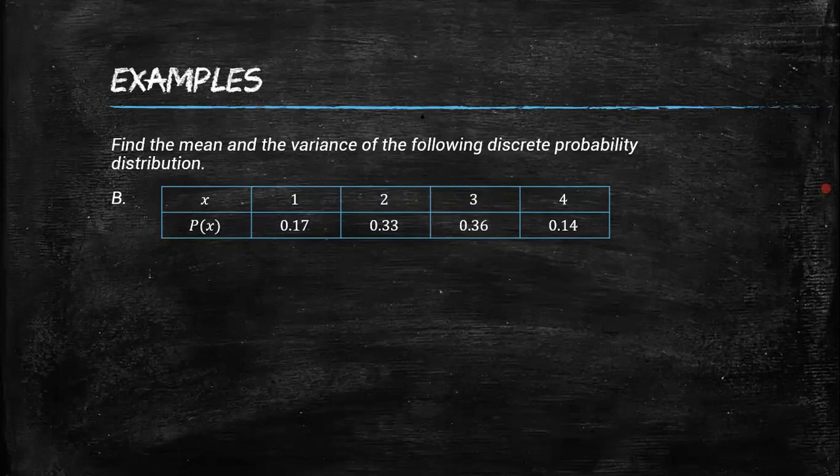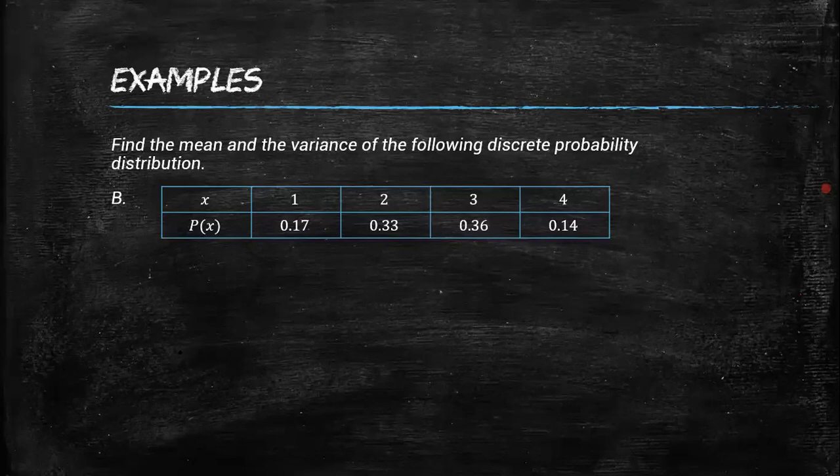Okay. Find the mean and the variance of the following discrete probability distribution. I have another set here of a discrete probability distribution. So we have x: 1, 2, 3, 4. We have p of x, its corresponding probability: 0.17, 0.33, 0.36, 0.14.